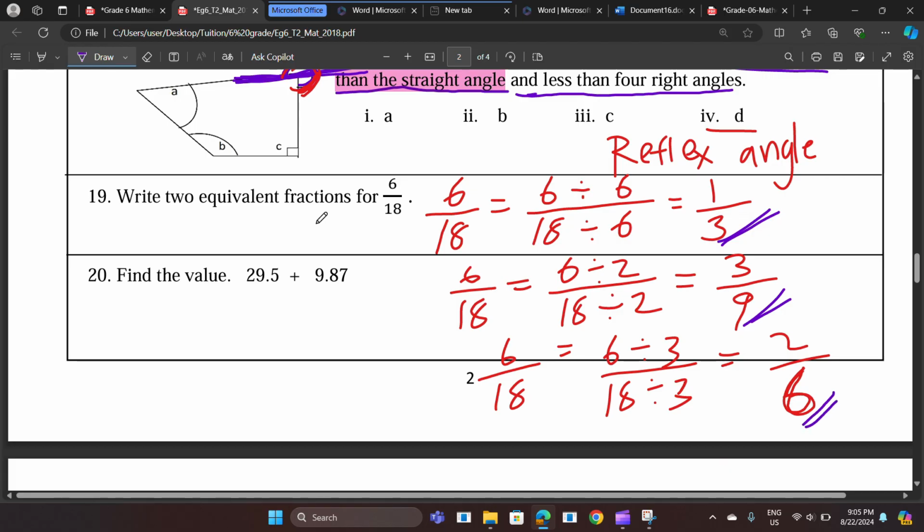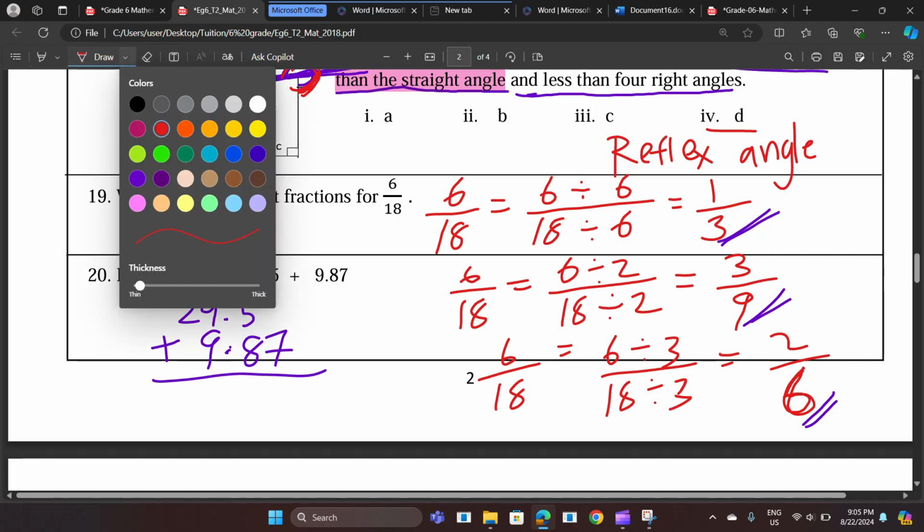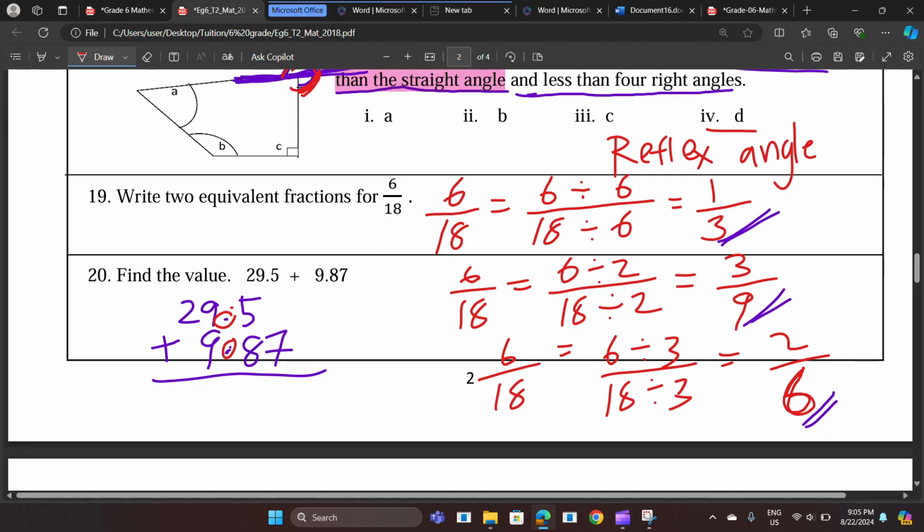Okay, the final one, to add some values. What are these values? They are decimals. So we have to write this in a proper manner, because this decimal point should be under the above decimal point.